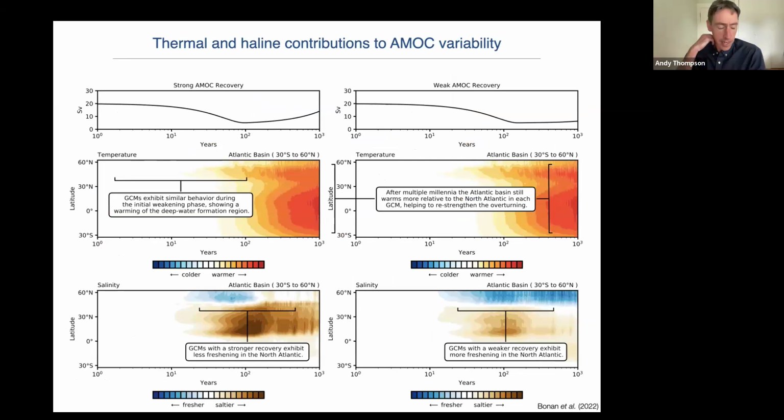Yeah, thanks for that question, Reed. I think it's a really nice question. So what I showed here is, for this 2022 paper, the main focus was actually decomposing the stratification changes, really the north-south density differences, into both thermal and haline components. And I should note here that we'd be a little bit cautious. We assumed a linear equation of state.